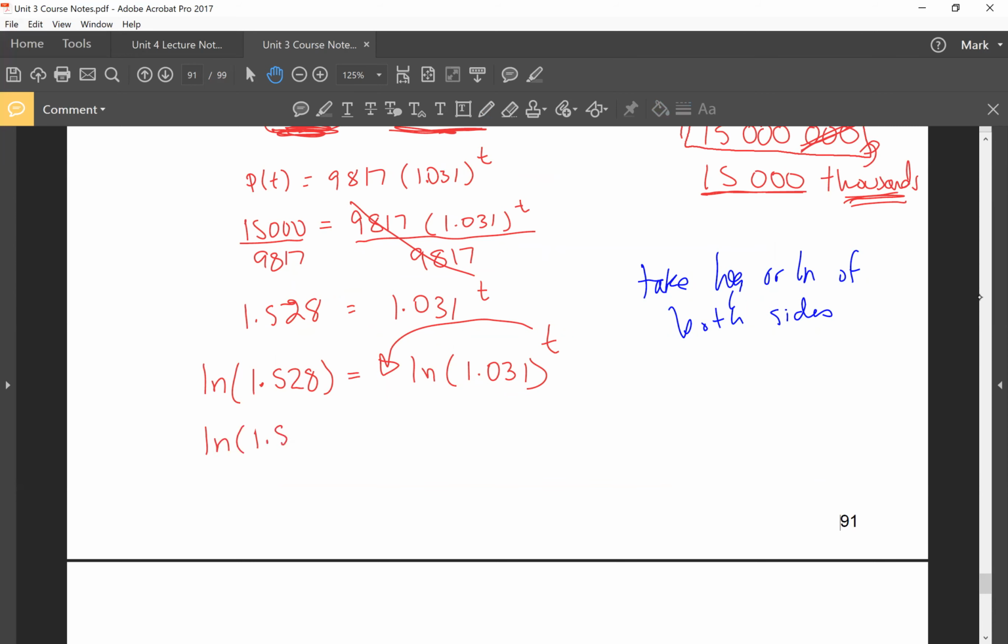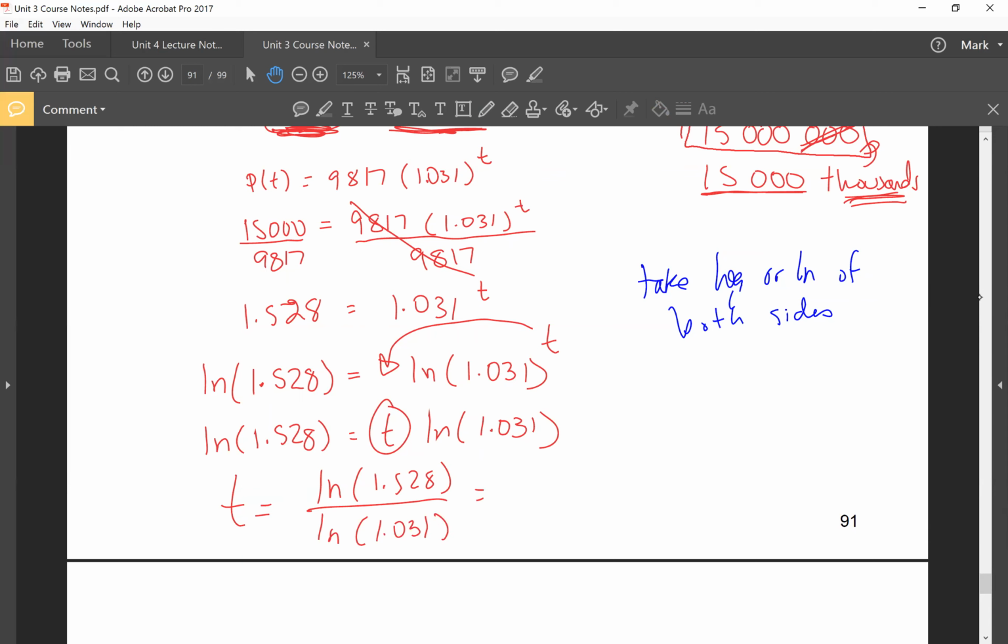Now what that lets me do is bring the T down front and I'm almost done. ln 1.528 equals T ln 1.031. Now solve for T. T would end up being ln 1.528 over ln 1.031. That's it. We're done. Put that in on your calculator. You're good to go.